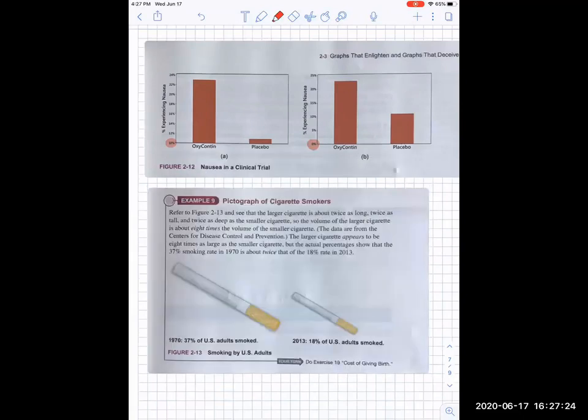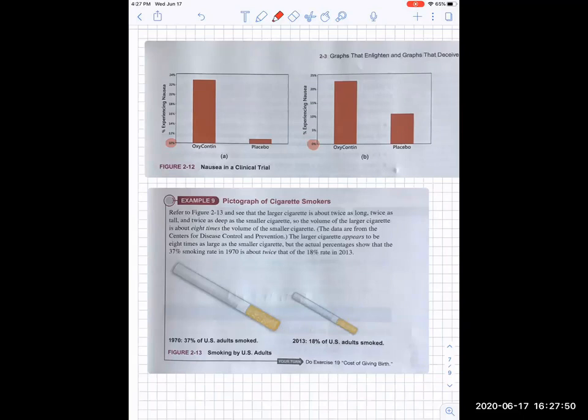Okay. So this pictograph is used to compare the number of adult smokers, US adults, in 1970 and in 2013.